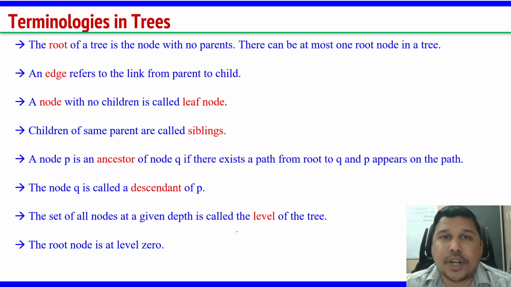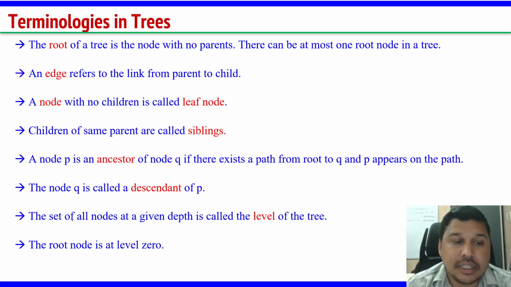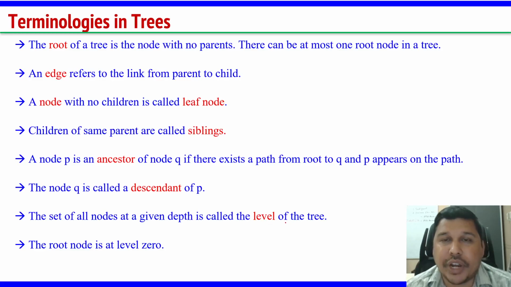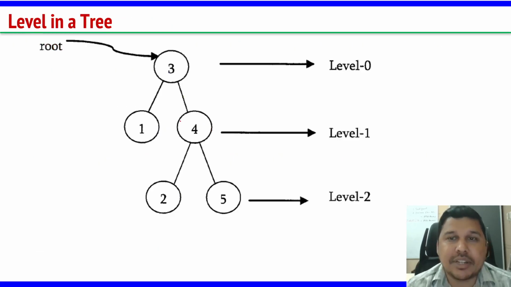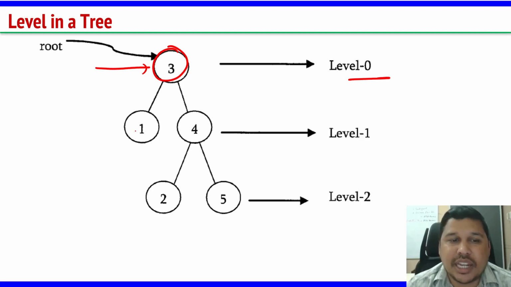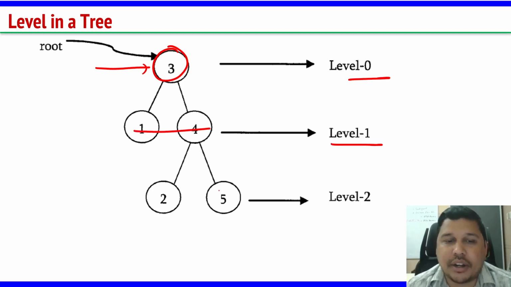Now, level of a tree. A very, very important concept. The set of all nodes at a given depth is called a level of a tree. Let's see this example. Root will always be at level 0. Then 1 and 4 are at level 1, and 2 and 5 are at level 2.